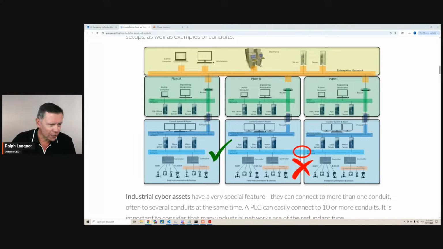This is how it's done with a green check mark. That is what you want to see, that your zones and the conduits don't cover those east-west entities or units. And this is going to get us later to one of the problems that I see with IEC 62443.